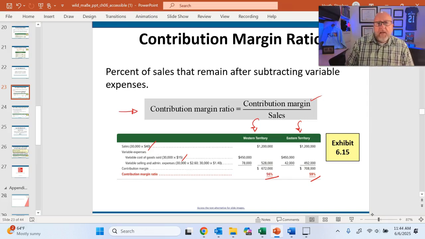However, it looks like the selling and administrative expenses are slightly higher for the Western territory relative to the Eastern territory. Because the variable SG&A is slightly more expensive, we're getting total SG&A of $78,000 for the West and only $42,000 for the East.